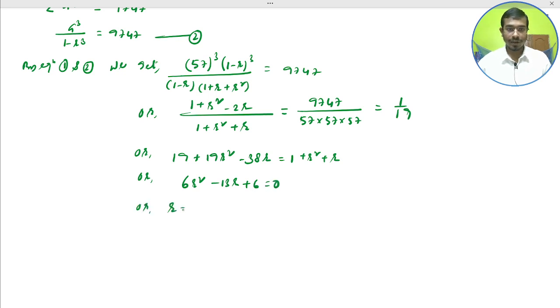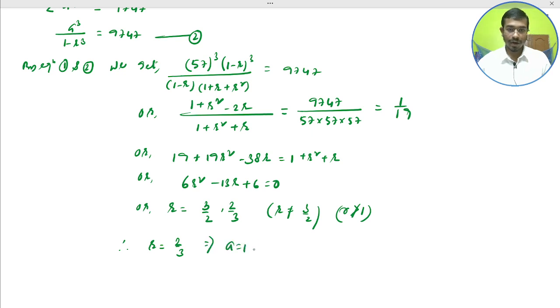You calculate, it would become r equal to 3 by 2 and 2 by 3. And r should not be 3 by 2 because it should be less than 1, it should not be greater than 1. Therefore r equals 2 by 3.